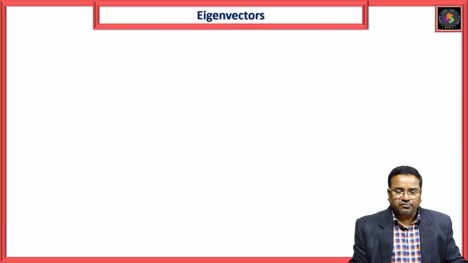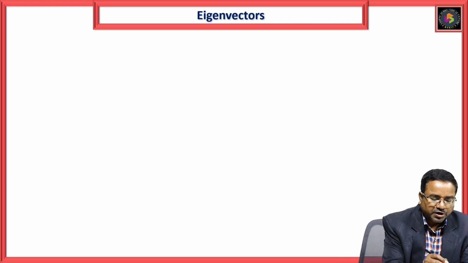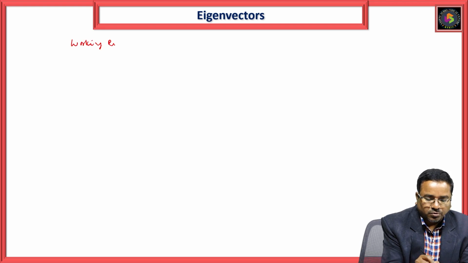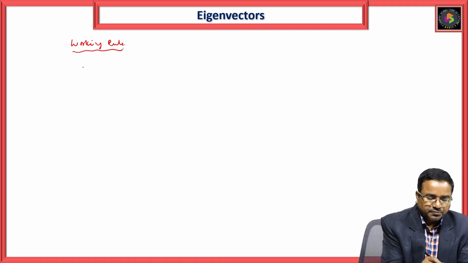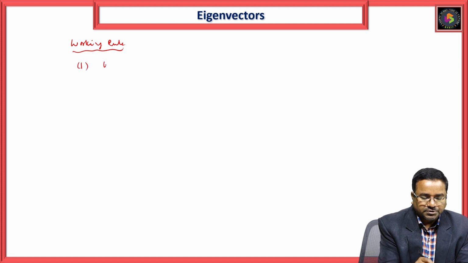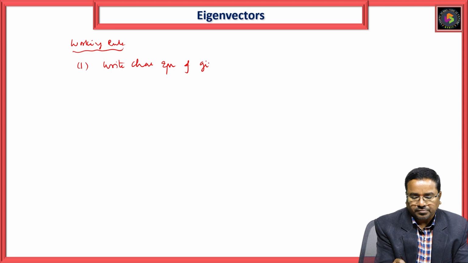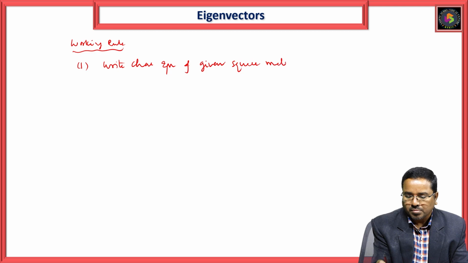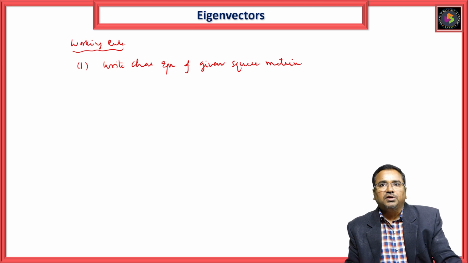We can do it in 3 steps. So the working rule is, step 1: write the characteristic equation of the given square matrix.